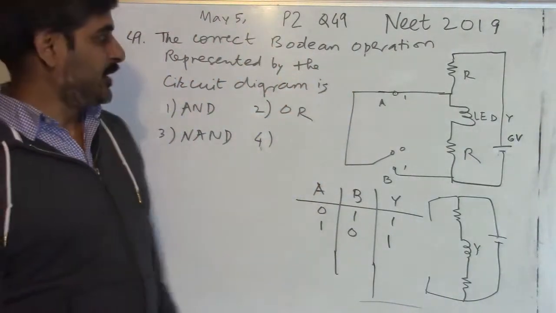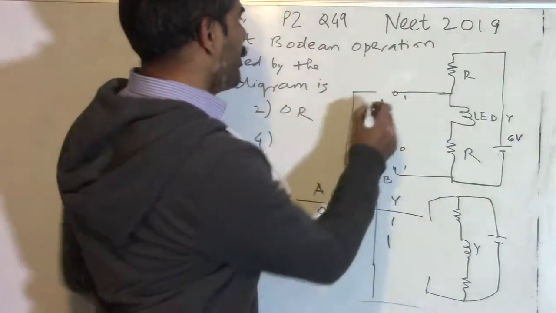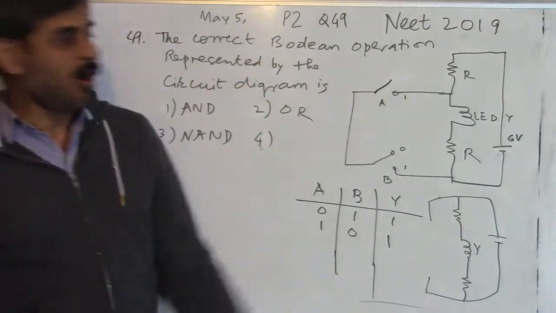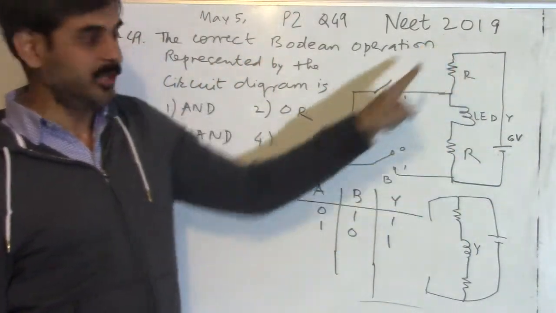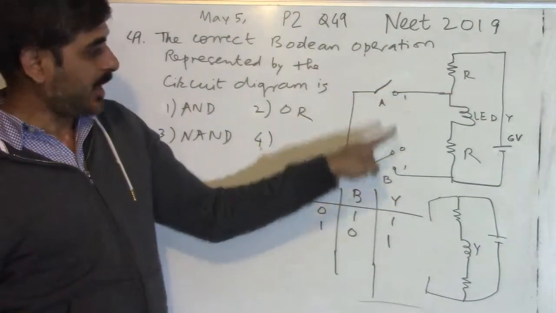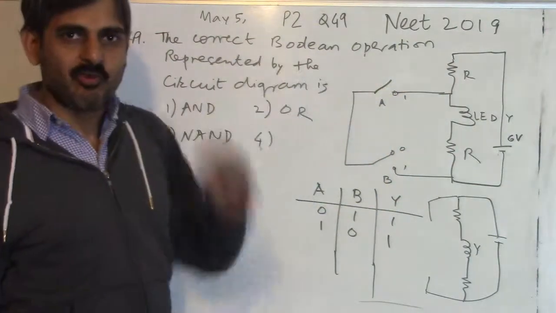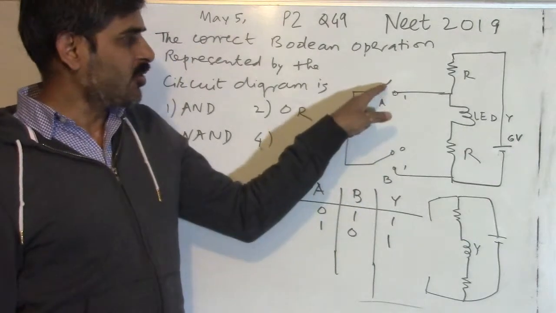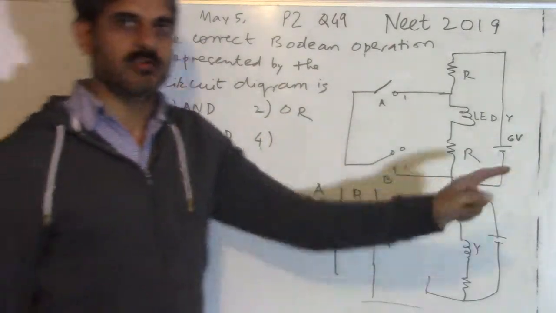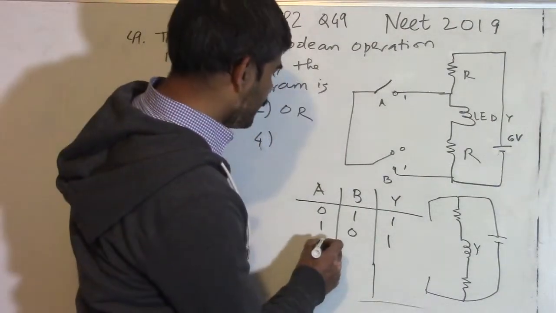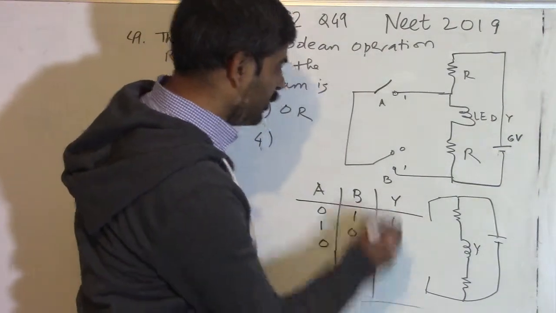What's the next possibility? If I open both of them, then what's going on? The current flows through this, goes into this, flows through this, but this is open, and if for whatsoever reason some electrons are flowing, the B will definitely make sure that no current flows through it. So the output is 1.